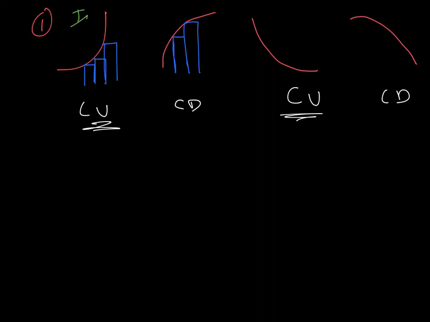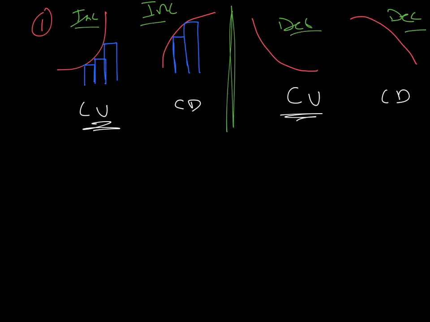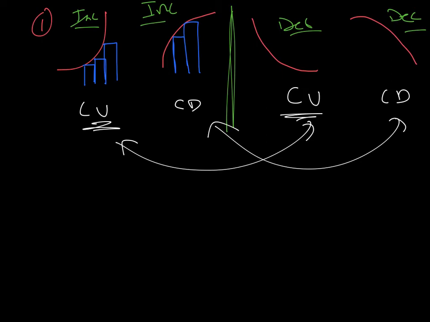Because obviously I have increasing and decreasing. So is it that my approximations are the same for the 2 increasing and the same for the 2 decreasing in terms of over and under? Or is it based on my concavity, and these 2 are the same conclusion and these 2 are the same conclusion?